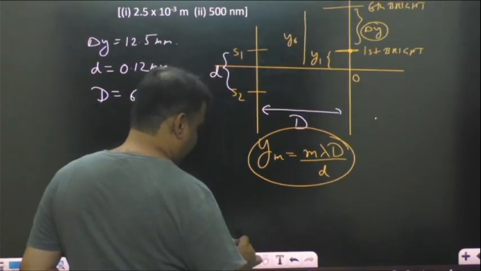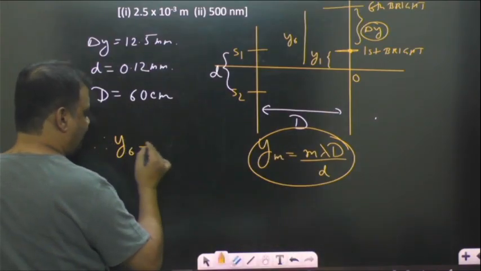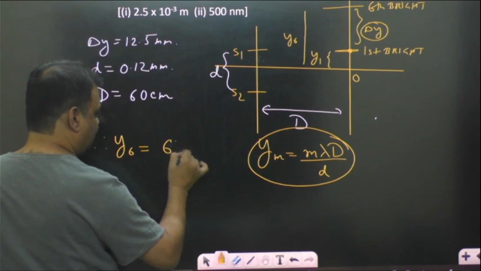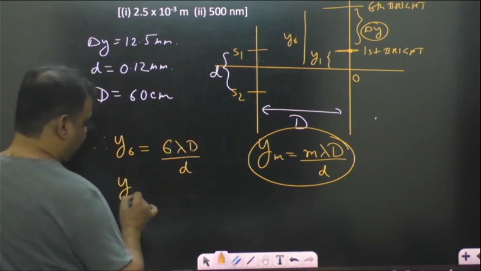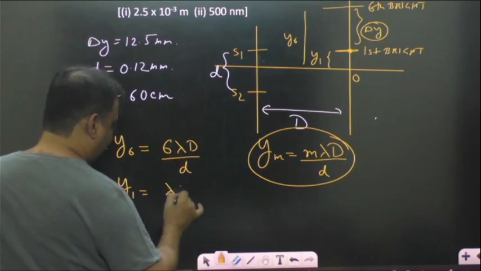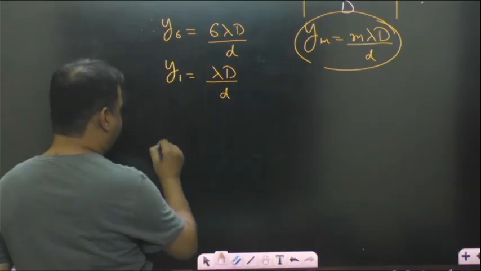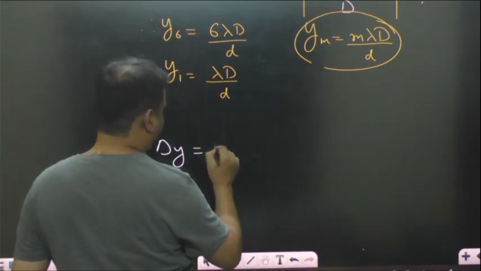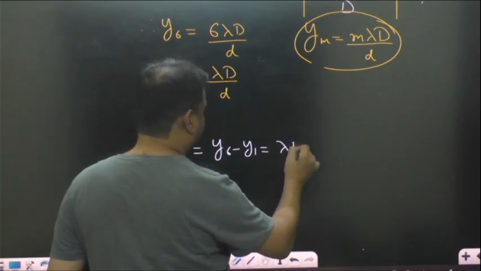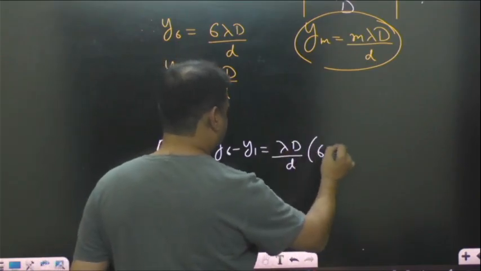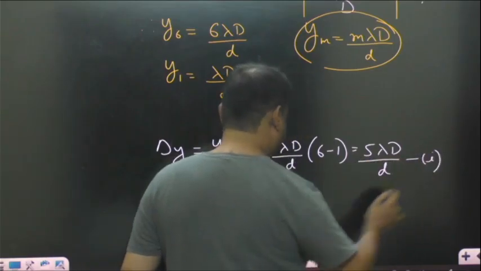So we can write, therefore for the sixth bright fringe the position will be m is 6, 6 lambda capital D by small d, and for the first bright fringe m will be 1, so it will be this. Now we can find the distance between the sixth bright fringe and first bright fringe, say delta y, as y6 minus y1. So I can take lambda D by small d as a common factor. So I'll get 5 lambda capital D by small d, correct?